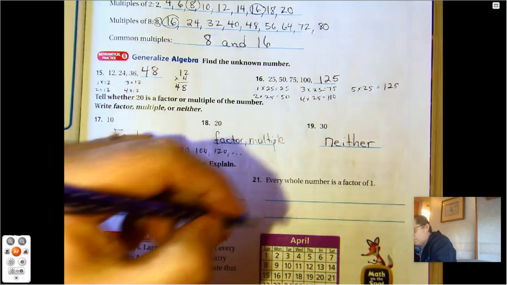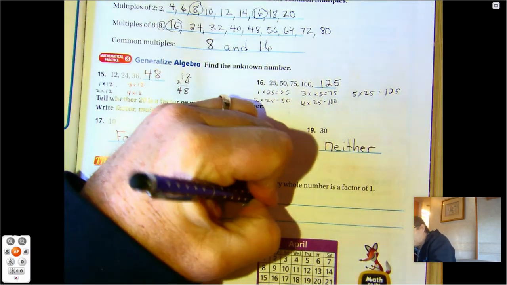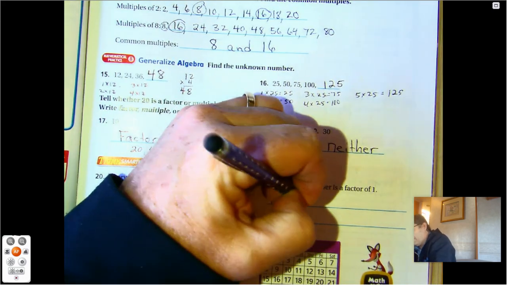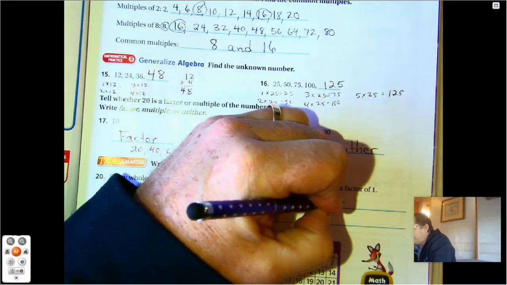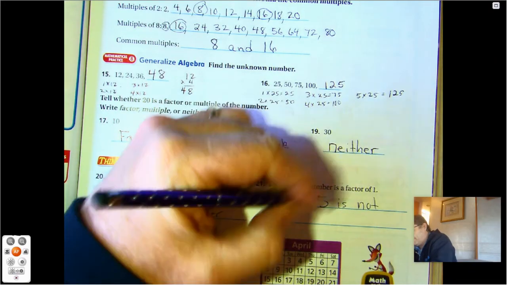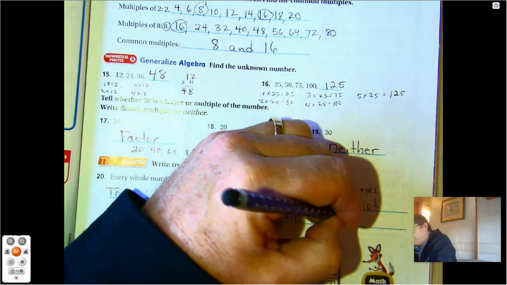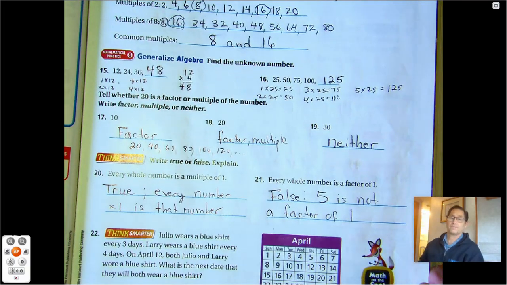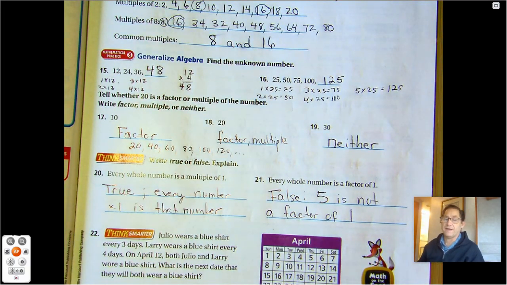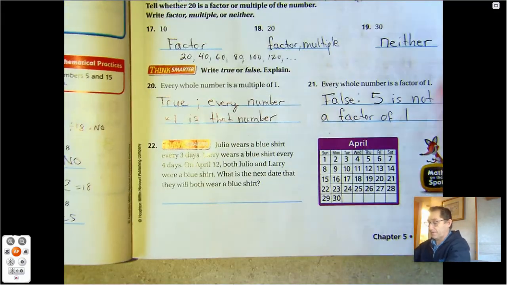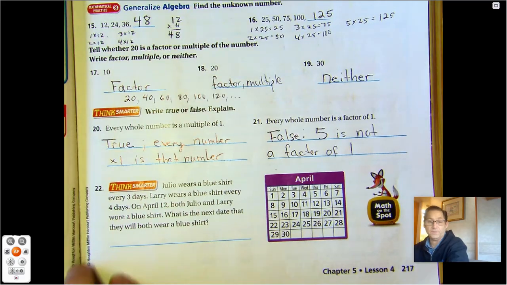No. False. For instance, 5 is not a factor of 1. In other words, 1 is not divisible by 5 to get a whole number.